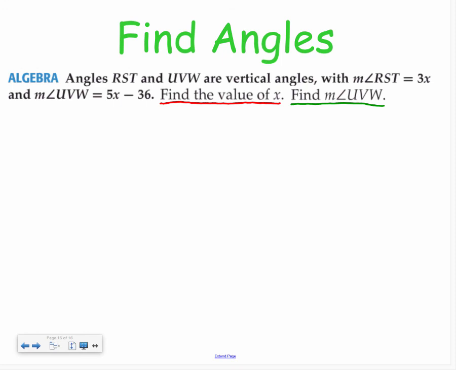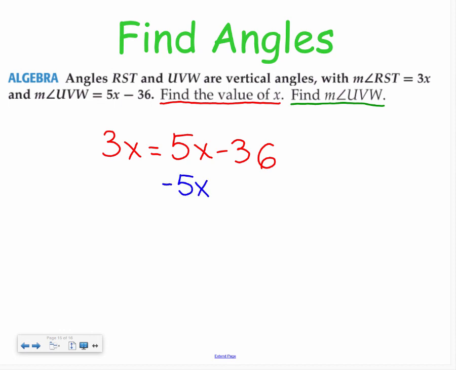What do we know about vertical angles? Vertical angles are congruent or equal to each other. So that means I can say that 3x is equal to 5x minus 36. In order to solve, we need to get our variables by itself.